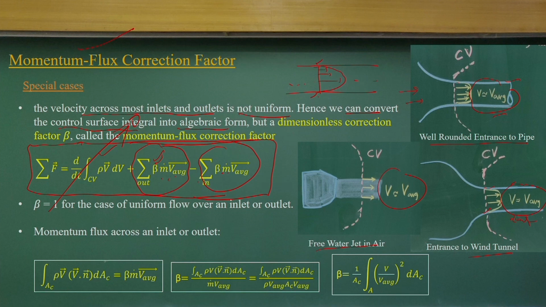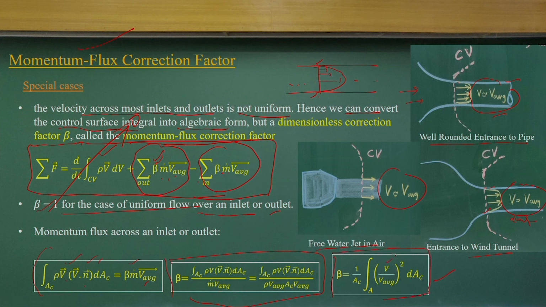Okay. So, let us have this for a uniform flow. So, beta will be equal to 1. If I do the integration of the velocities and the scalar product of V and N over a surface A, and I represent an average, beta will come out to be this, or with simplification beta will come this way.